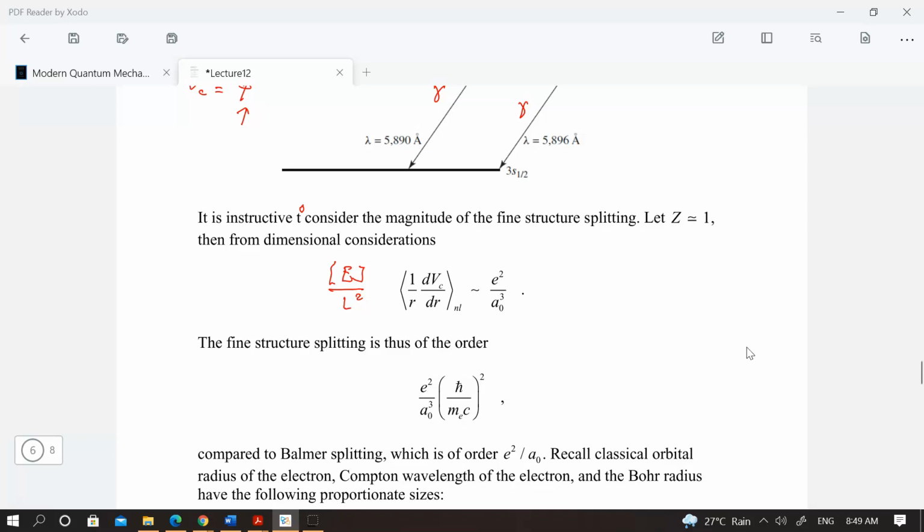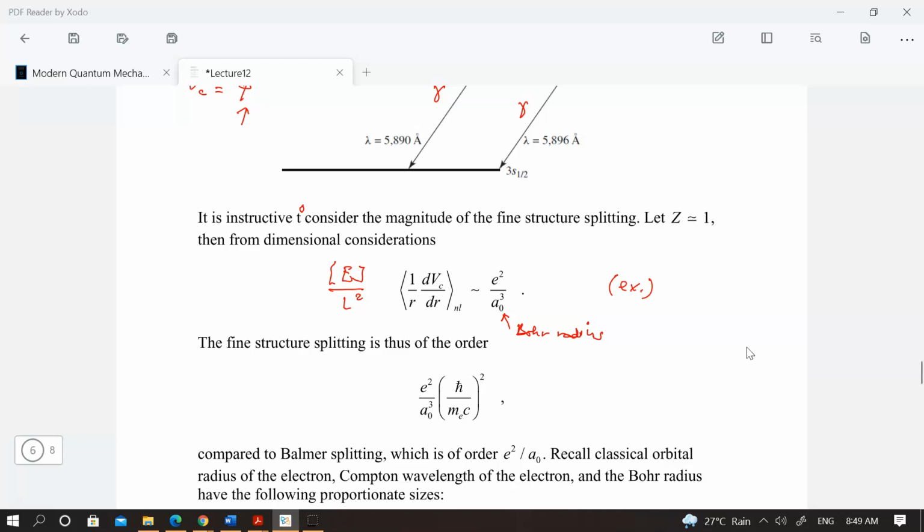It's going to be your charge and also your, this is essentially your Bohr radius. So from pure dimensional consideration, this dimension can be obtained from this particular combination. Okay. Maybe I'll let you do this as an exercise.